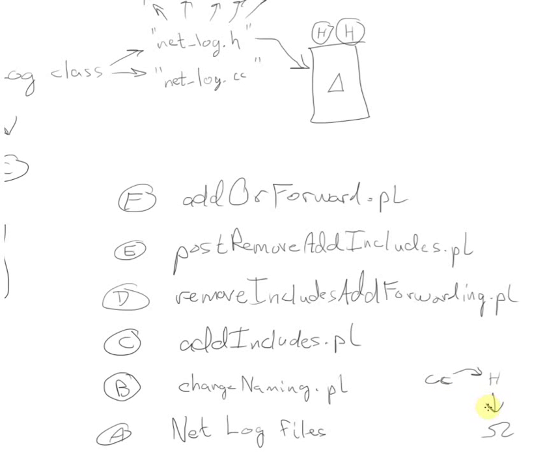That's the preferred way for all the developers. They all agree upon that, and it makes sense. It makes the code cleaner, more thrifty and less cluttered if you don't include it again, and you're guaranteed to have it because the CC always includes the H. That was the main rule for doing the add includes.